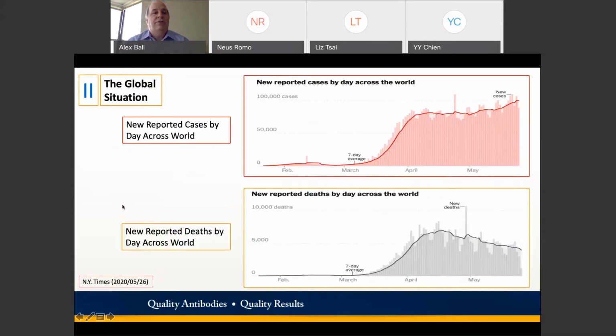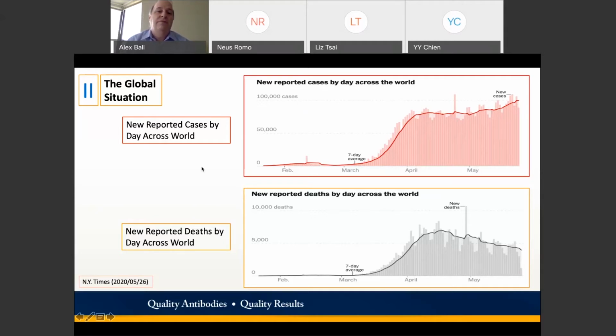If we look at the global situation in terms of new reported cases by day across the world, as well as new reported deaths by day across the world, there's both what looks like very good news in terms of the decreasing number of reported deaths, and also some mixed news, because we can see that clearly the number of new cases on a world view has tended to plateau, but you are seeing a slight increase here.